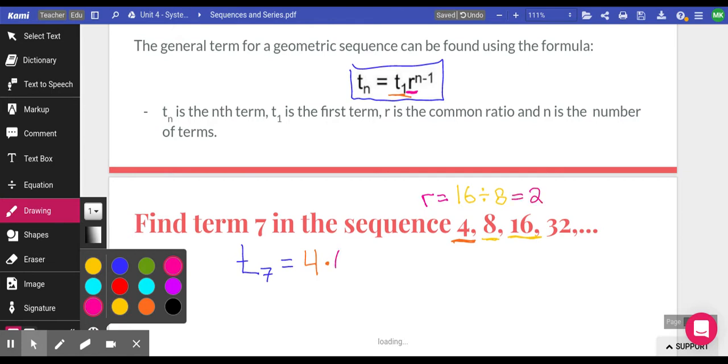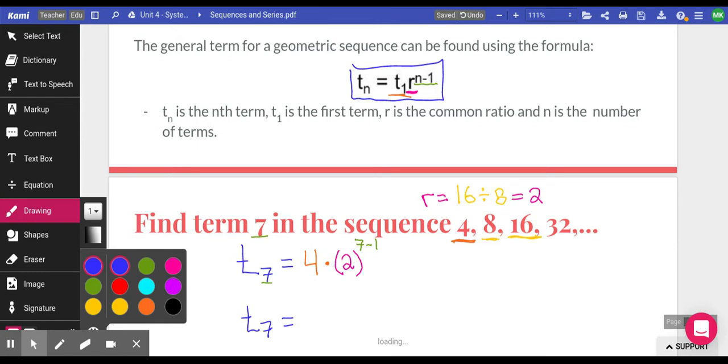So for us, our R value equals 2. So we have 4 times 2, and I'm going to put that 2 in brackets, to the power of n minus 1. We're looking for the 7th term, so it's 7 minus 1. You're going to want to put that in your calculator. I want you to try that right now.